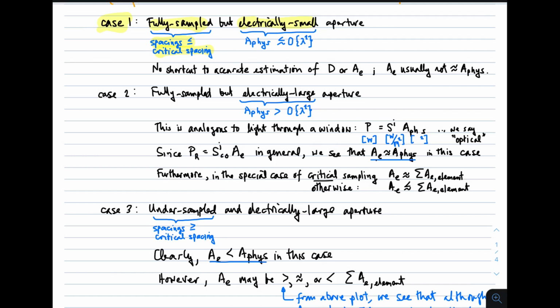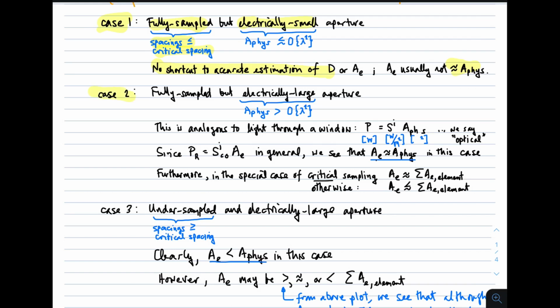In other words, we don't have enough elements to make the physical aperture large compared to a square wavelength. Well, in that case, there's no shortcut to accurately estimating the directivity or the effective aperture. For electrically small arrays, it's hard to say anything about how the physical aperture relates to the effective aperture.